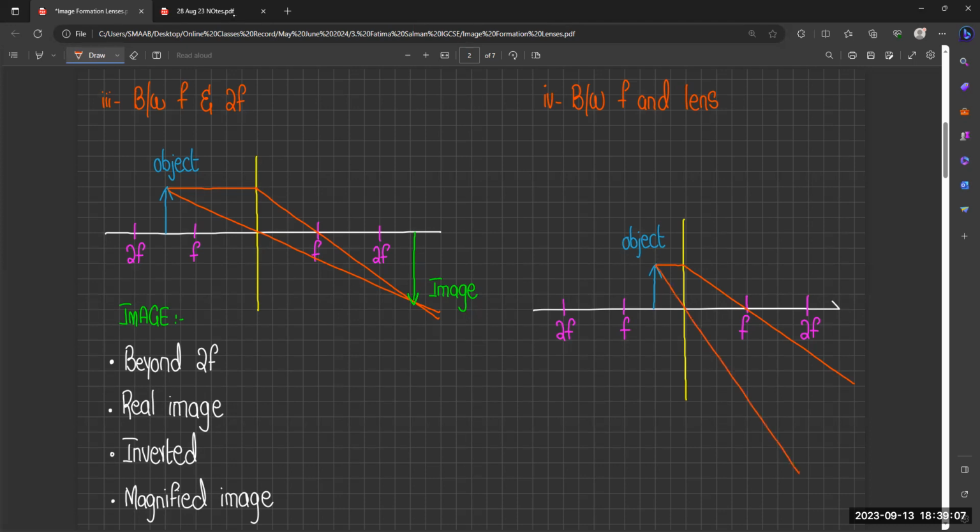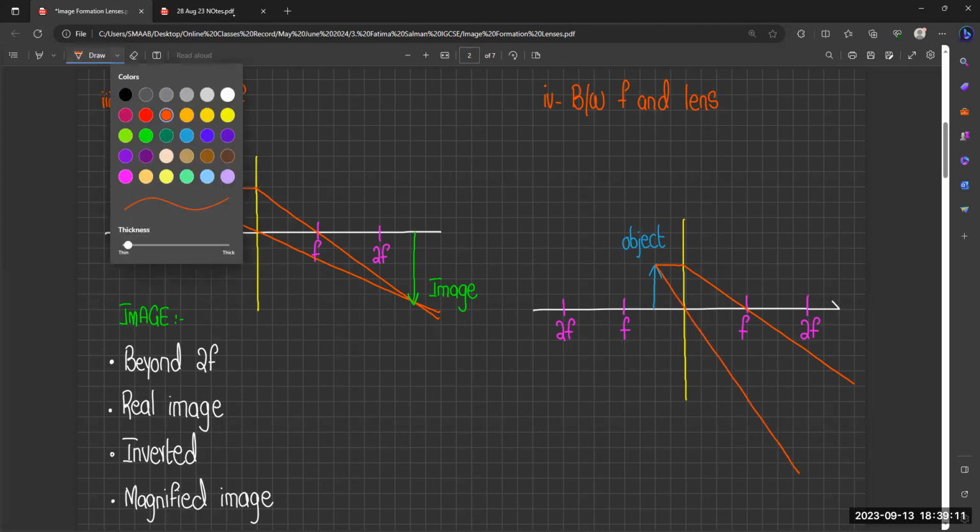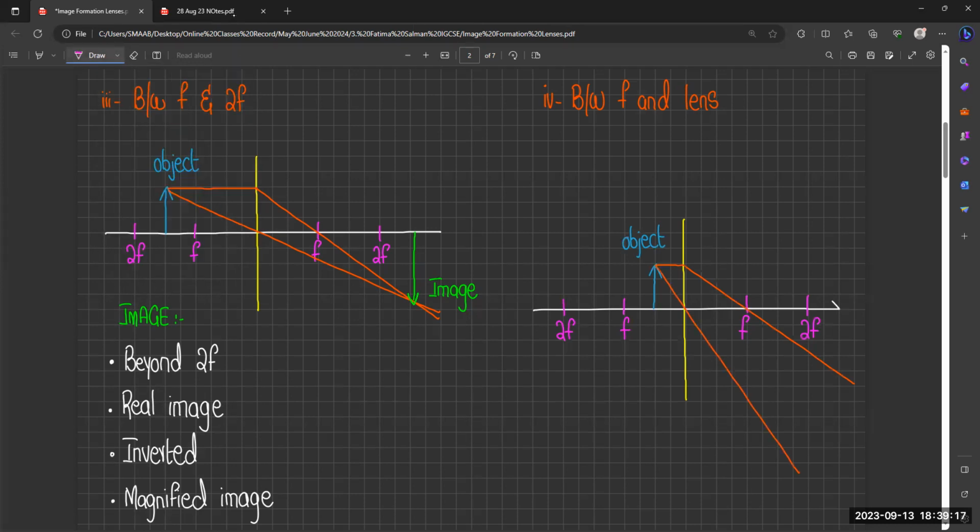Now you can see that both light rays are moving in diverging directions, right? They will never intersect each other. So what we have to do is trace these lines in the backward direction, right?